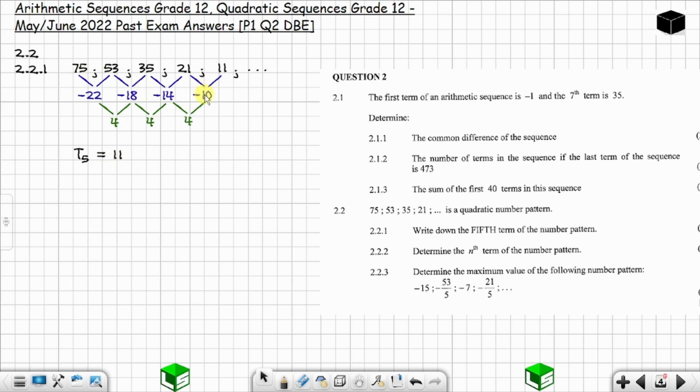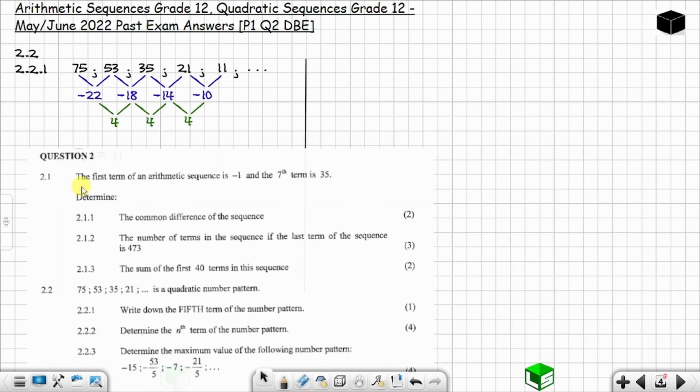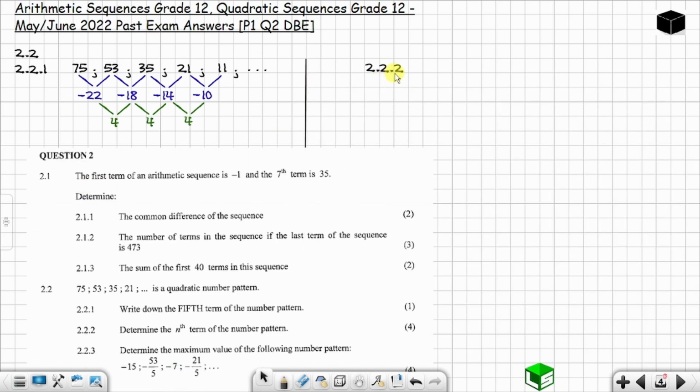Now let's do the next question, which is 2.2.2. Determine the nth term of the number pattern. You need to determine the general term. Let me make a line here and do 2.2.2 here.